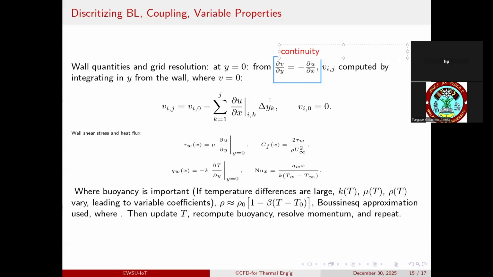The velocity profile is integrated to obtain u and v. Temperature is calculated by solving the energy equation, and the heat transfer coefficient is determined using the expression of Nusselt number.